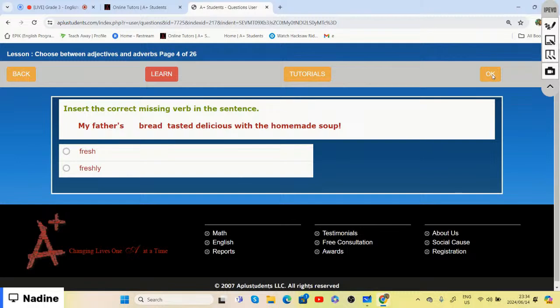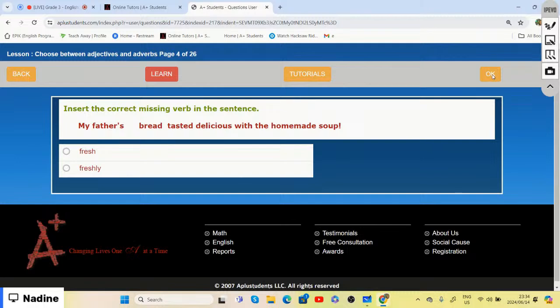So do we say my father's fresh bread tasted delicious with the homemade soup, or do we say my father's freshly bread tasted delicious with the homemade soup?